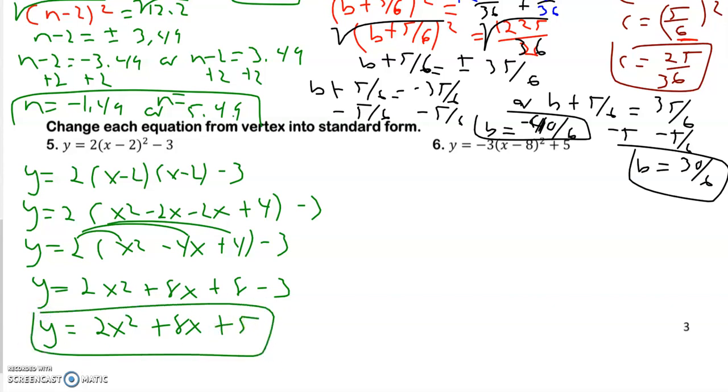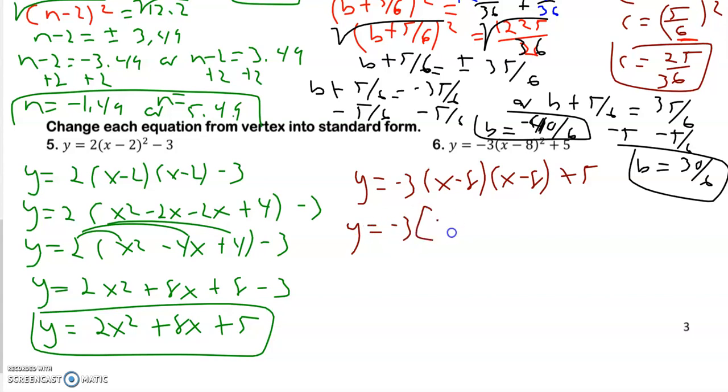Taking a look at the next one, again, I like to write it twice and actually do the FOIL so that I don't make a mistake. Put a bracket, x squared minus 8x minus 8x plus 64 plus 5. So I get y equals negative 3.